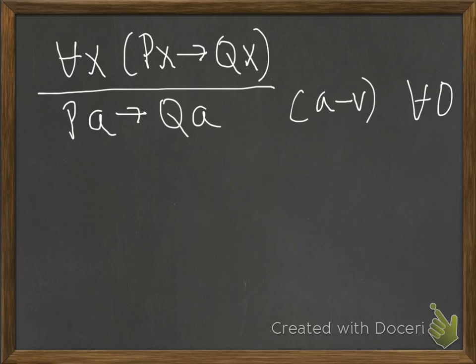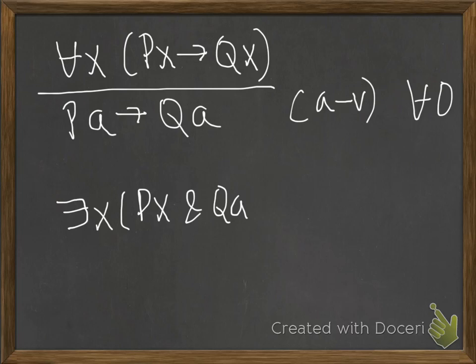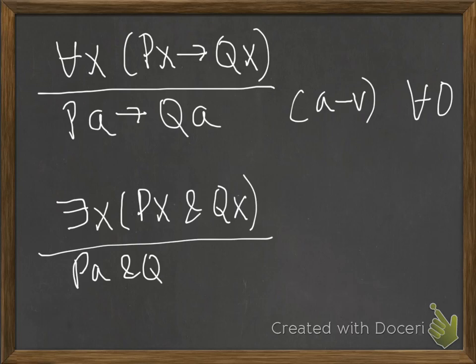The rule of existential formula out lets us instantiate existential formulas. So if we have the formula there exists an x such that Px and Qx, then from that we can derive the formula Pa and Qa by the rule of existential out.